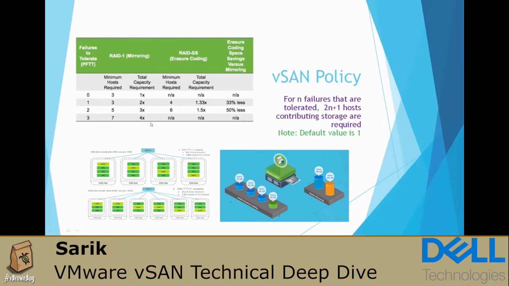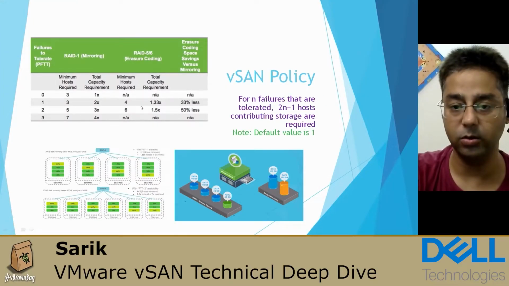You can see RAID 5 consumes less space and saves 50%. If you use RAID 1, then we will have 33% less utilization. We can also use RAID 6, so it depends on how we configure the vSAN policy.